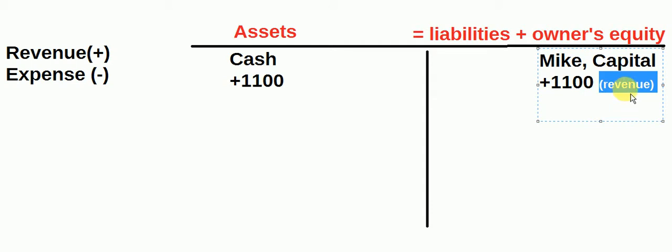When you make revenue, that means when you sell something. You see that the accounting equation is still equal because on the left hand side you have 1,100 more. On the right hand side you have 1,100 more. Equal. Nice. Very nice.